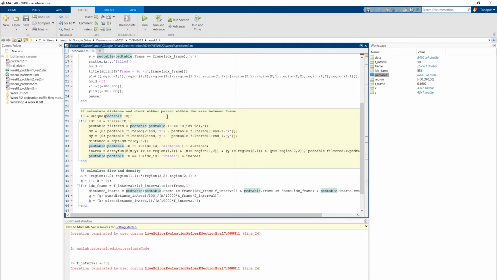So what this does is, ID. Oh, right. So here we calculate distance for each person. And then we can check whether this person is in that area between the frames.